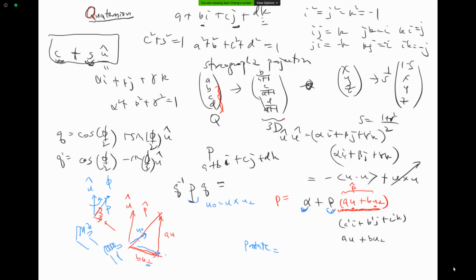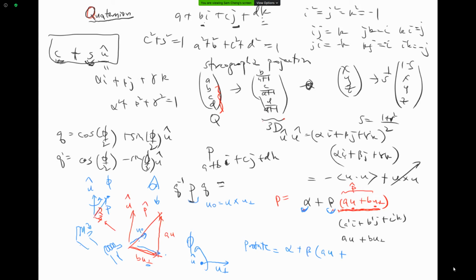So alpha and beta will be the same, and the direction of U hat will be the same as well. But for U perpendicular, if I have my eye looking down in this direction, this is the original U perpendicular here. After rotation by 5 degrees, my U hat is pointing upward, so I cannot draw it, it's just a straight vector pointing out of the screen here.